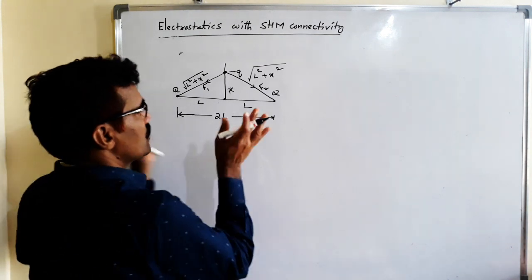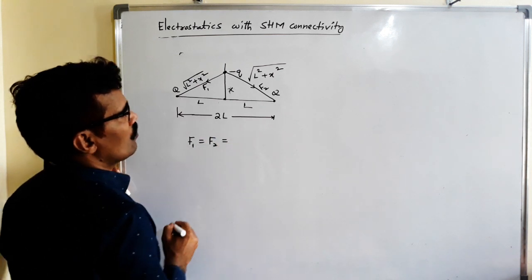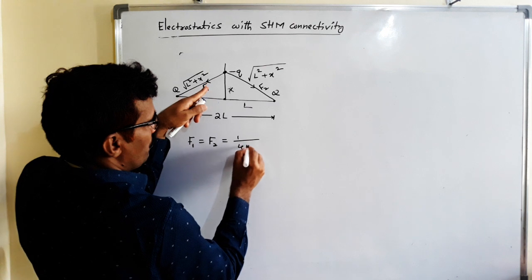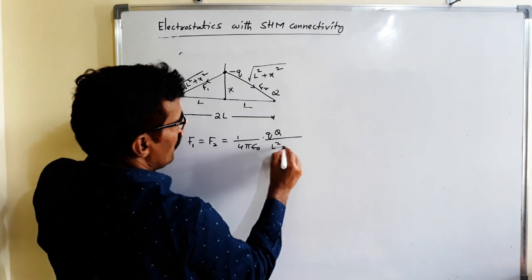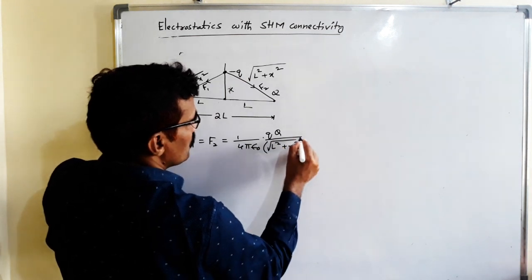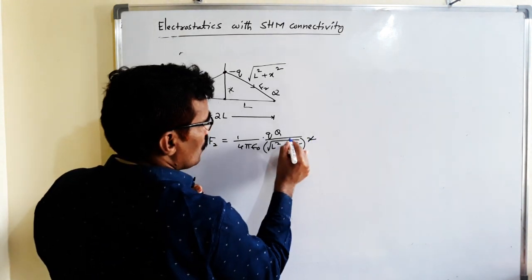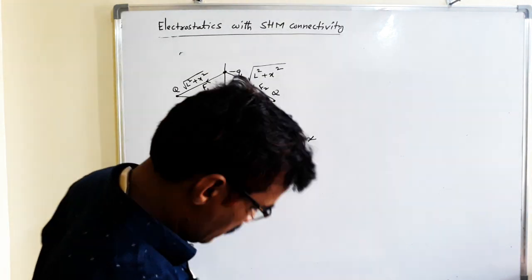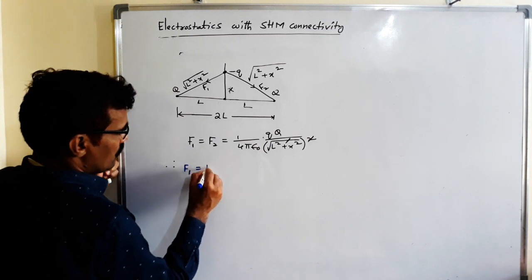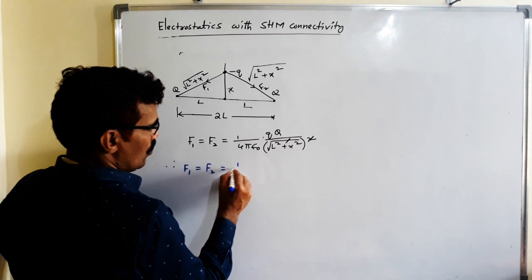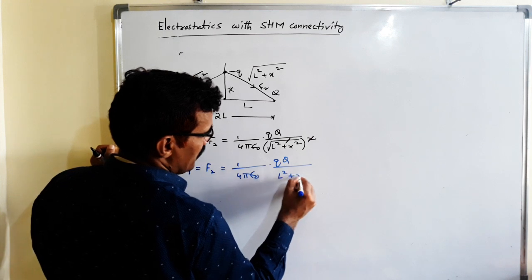F1 is equal to F2, which is equal to 1 by 4 pi epsilon naught QQ divided by the distance, root of L square plus x square, whole square. Here square and root cancel. Therefore F1 is equal to F2, which is equal to 1 by 4 pi epsilon naught QQ by L square plus x square.